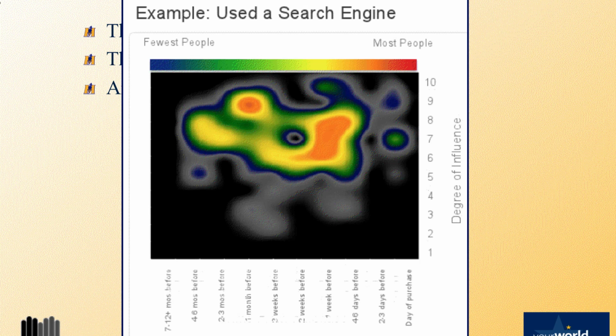And then the intensity, the heat map, goes from blue, the fewest people, to red, the most people. So this orange area here represents a group of people that were high in number because of the color, that viewed the information relatively credibly, between 6 and 8, and did their information search about a week before they made the purchase. Does that make sense?